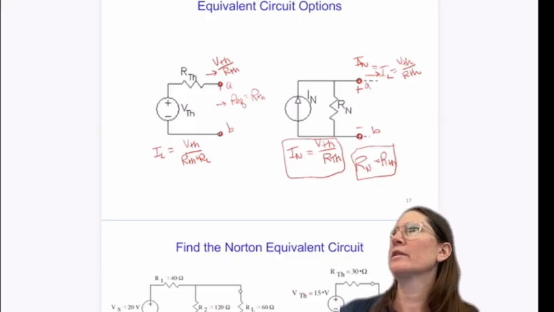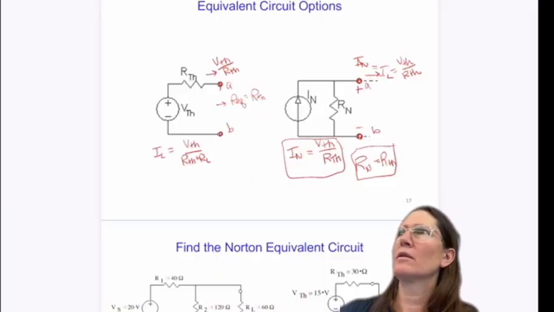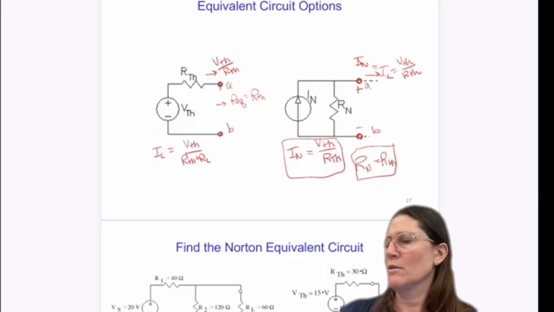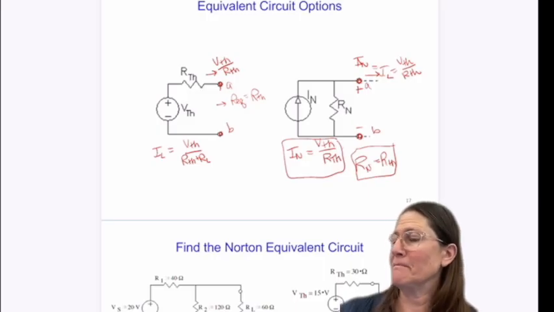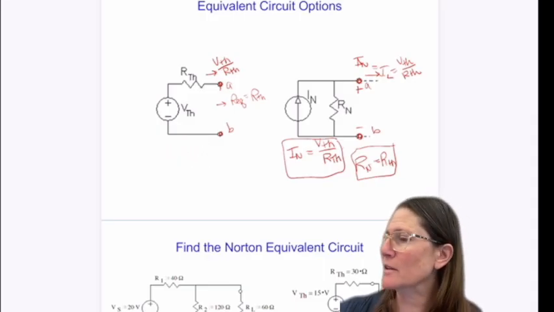Yes. For the one on the left, if you're shorting it across the R and the load, why is the current formula still the R load in it? Why is it VTH over RTH plus R? Oh, I see. So this is for that circuit when it is connected. So let me redraw it.